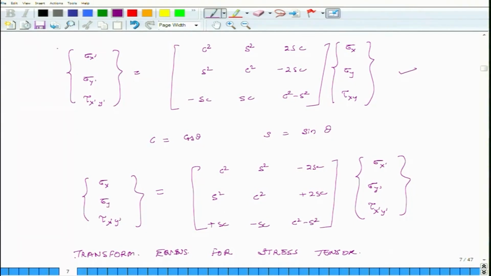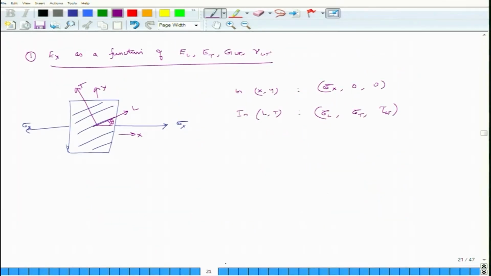Okay. So in this matrix, sigma x is sigma x, sigma y is 0, tau xy is 0, sigma x prime means sigma L, sigma y prime means sigma t, and tau x prime y prime means tau LT, and these numbers will be cosine square theta, sine square theta, 2 sine cosine theta and so on and so forth. So using these transformation relations, we will find a relationship between sigma L, sigma t, tau LT and sigma x.